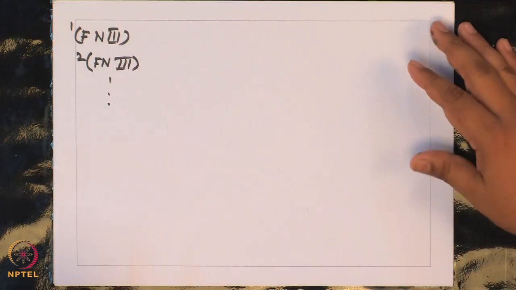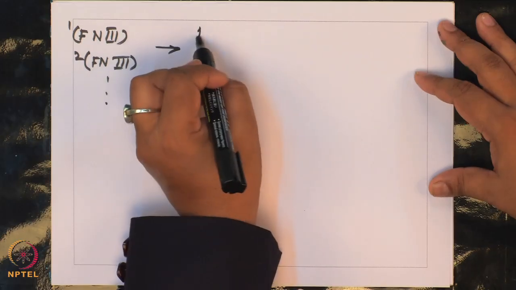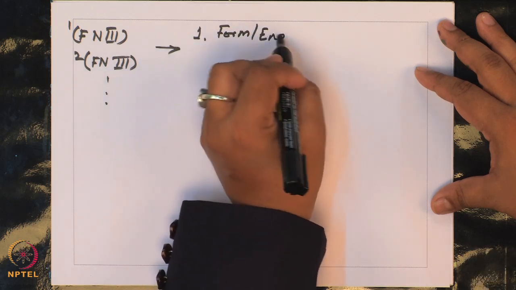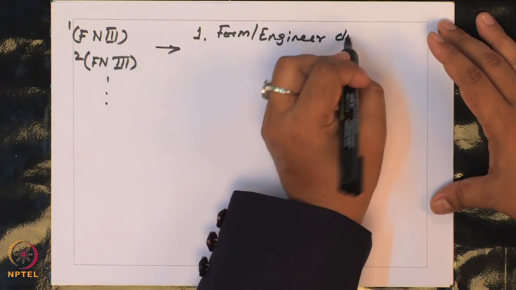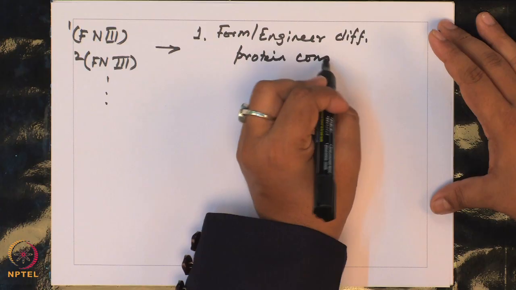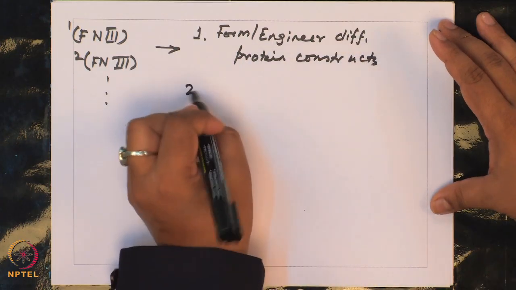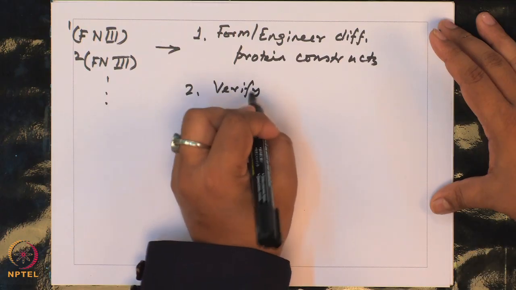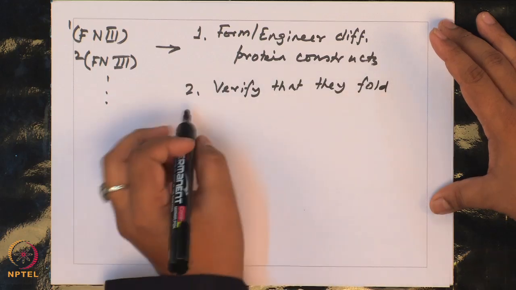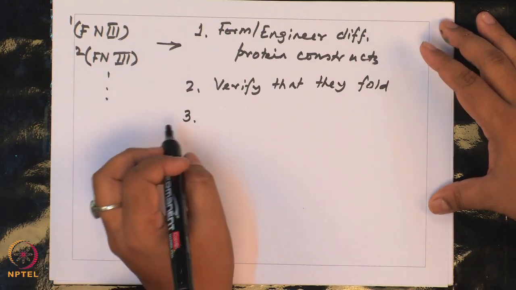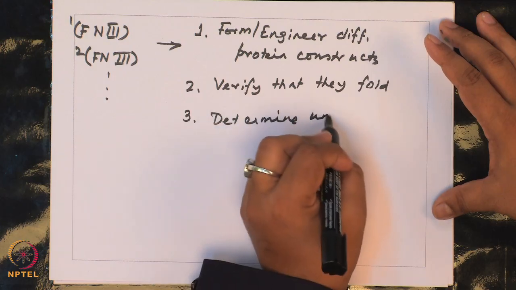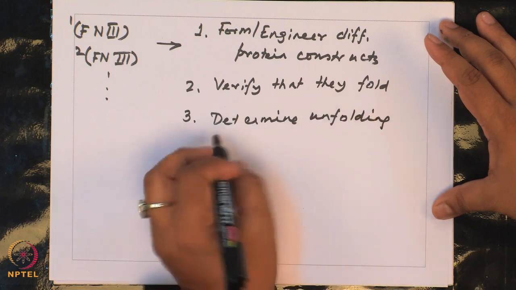So, if I were to again write down the strategy: one, form or engineer different protein constructs; two, verify that they fold; three, determine the unfolding signature.